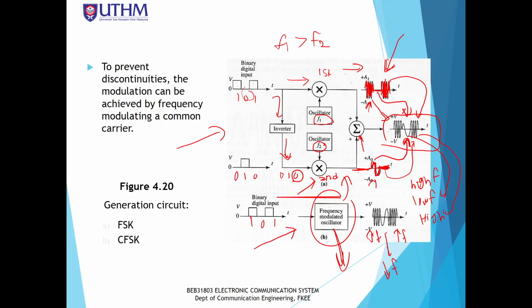So based on these slides, you can say that the way we generate the FSK is that the circuitry needs to produce two sets of frequencies in the output. High frequency for the input logic 1, low frequency for the input logic 0, so we have two sets of frequencies, high frequency and the lower frequency.